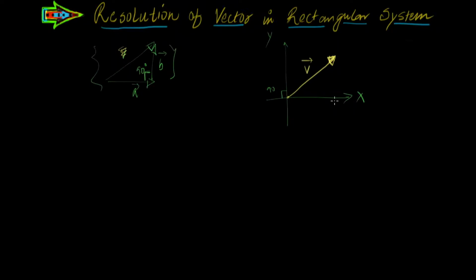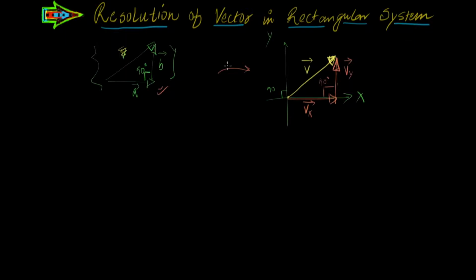The first decomposition would be along the x direction, so this is, say, v sub x vector, and let this vector here be the second decomposition, pointing in the y direction. So that's v sub y vector. Notice that they are at 90 degrees as we intended.